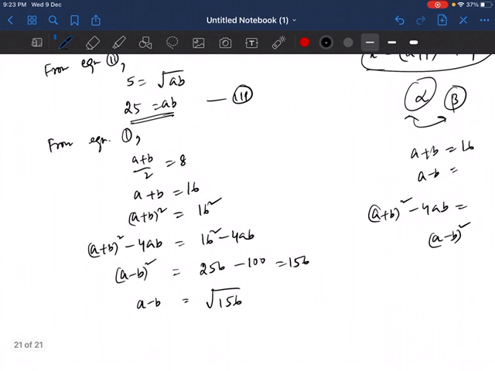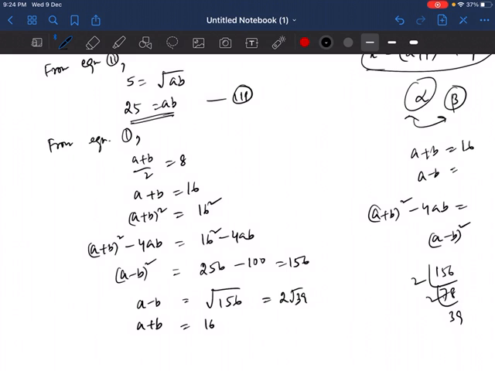So here we see a plus b is 16 and a minus b is square root of 156. If I try to find the simplified form, 2, 7, 2, 8, 2, 3, 2, 9, this is basically 2 root 39.